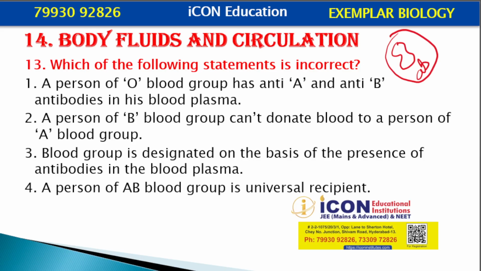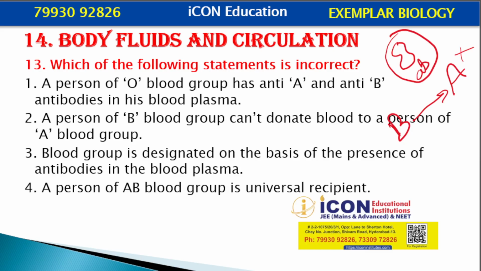Next, the second option: a person of B blood group cannot donate blood to a person of A. Yes, he cannot donate to A because it leads to coagulation. The person may die even. Blood group is designated on the basis of presence of antibodies in the blood plasma?